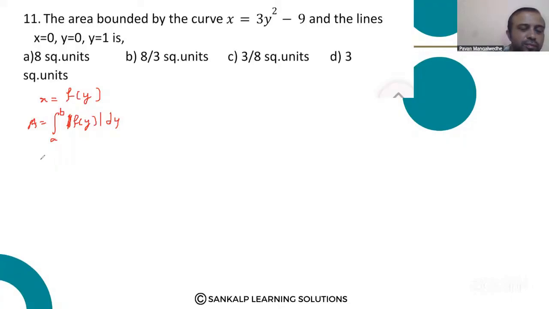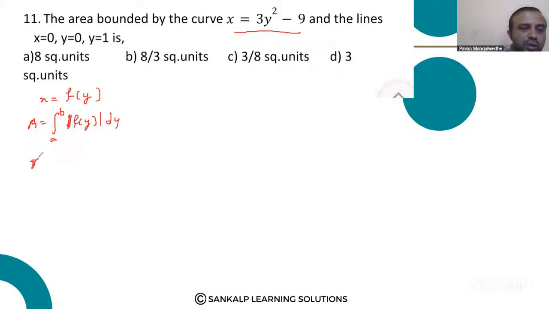Okay. Already we know that x is equal to 3y square minus 9. So the interval becomes 0 to 1.